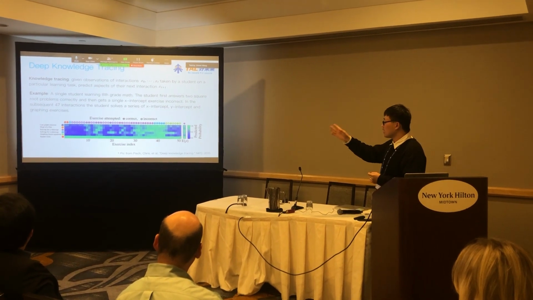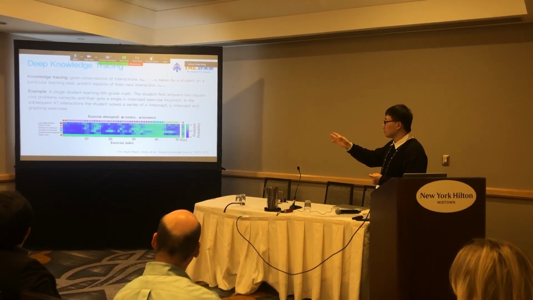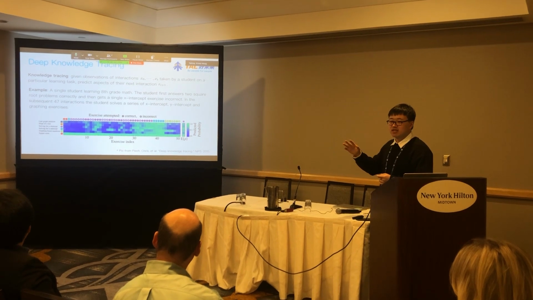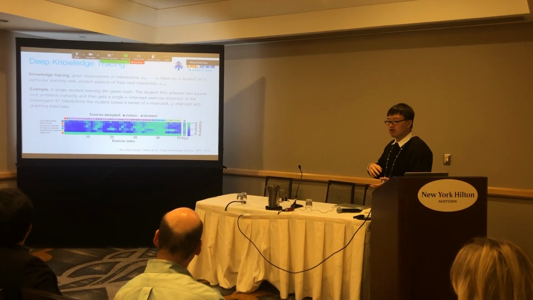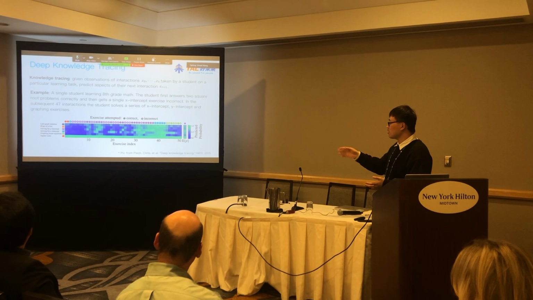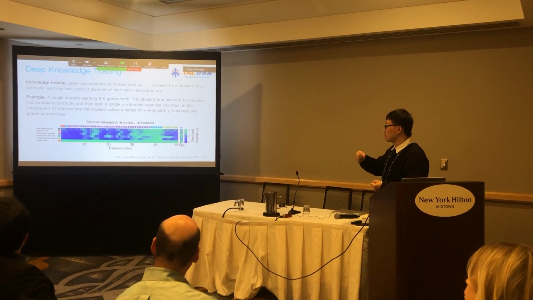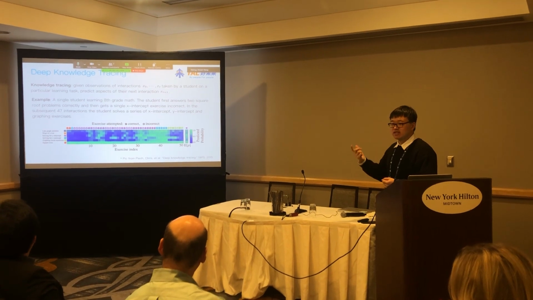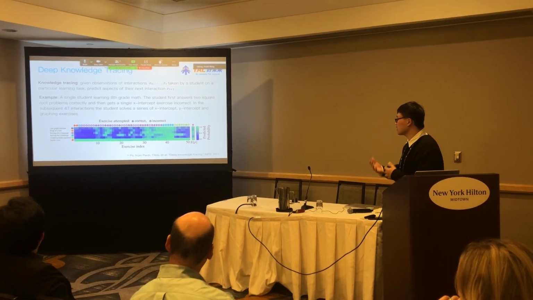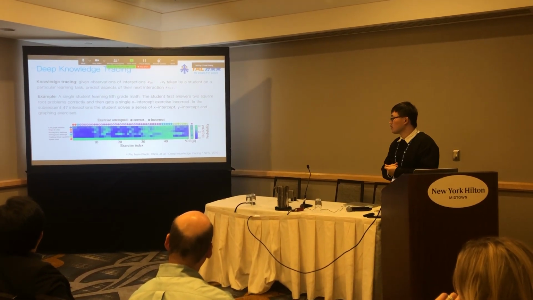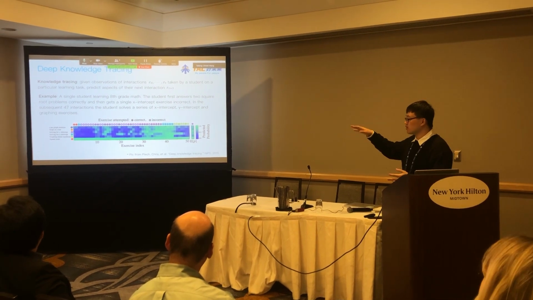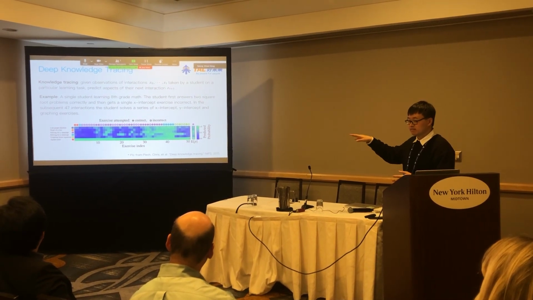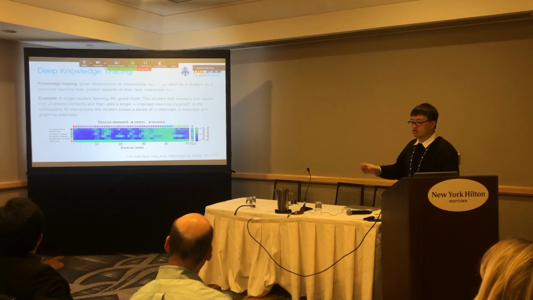For each task or each exercise, the answer can be either correct or incorrect. So for one student, you have a sequence of length 50, and you know whether each task is correct or incorrect. That's the time series that you have. And the goal is to predict the probability of correctness for different questions for that student.